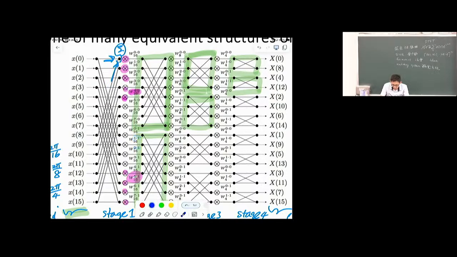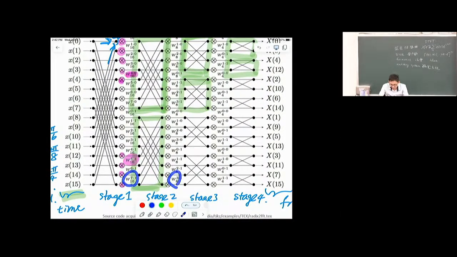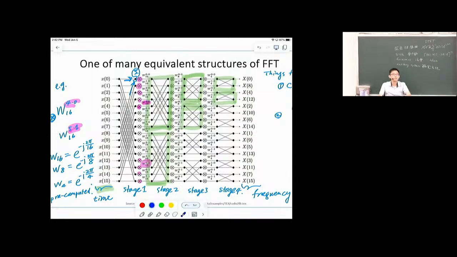W16 right here, W8 right here, W4 right here, and so on. Somehow these two authors discovered a way to organize the multiplications like this with crossings, summation right here, and multiplier right there.